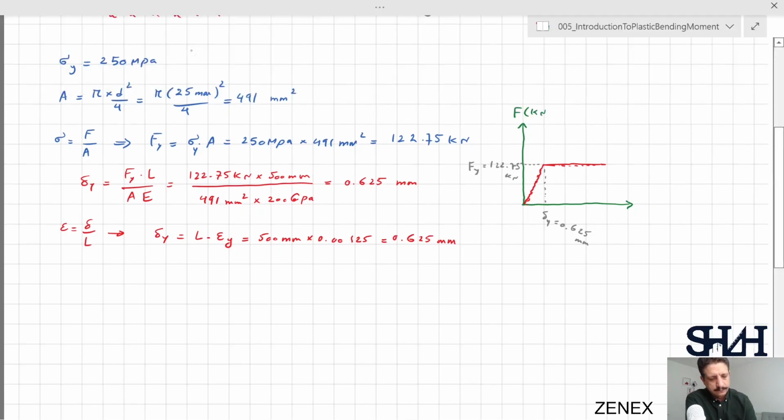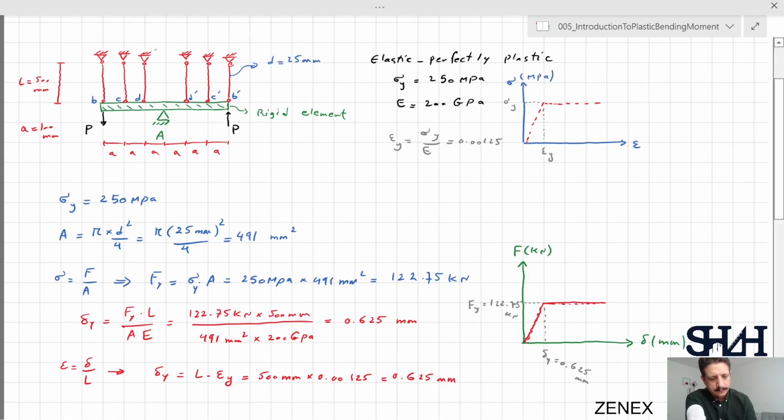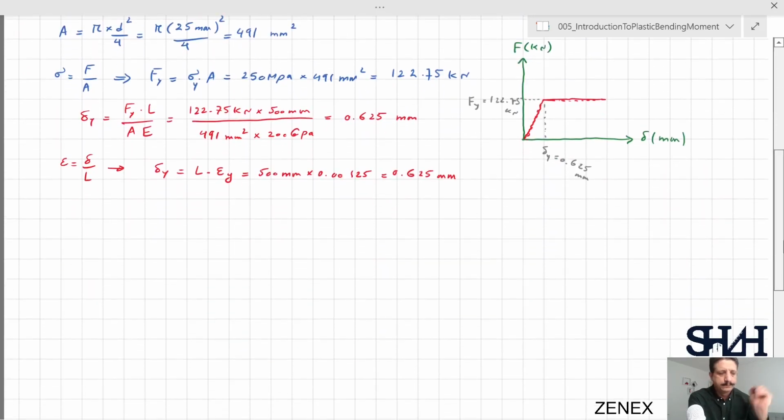Force and delta. Here also I have to write the units. So it means that if the load in one of the members reaches 122.75 kilonewton, after that it is plastic and there is no resistance to take any more load. As a result, if there is any action in other rods, that yield member would start to deform without any resistance. So in other words, it is ignored or eliminated from the system.